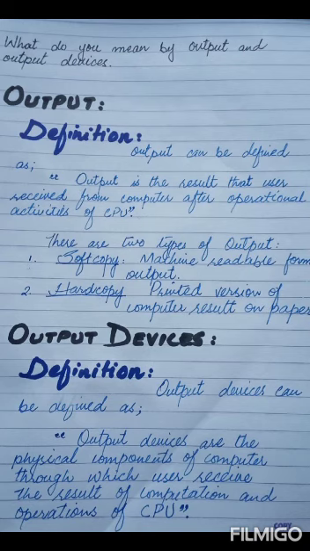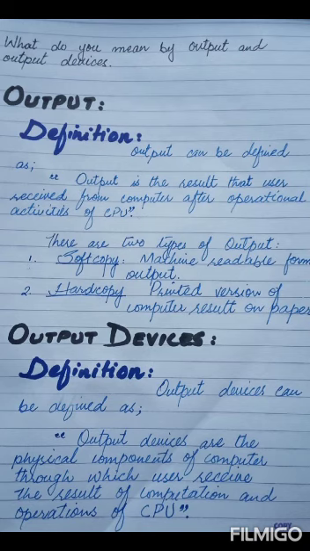Our first question is, what do you mean by output and output devices? Our main heading is output, side heading definition. Output can be defined as, semicolon, inverted commas open: Output is the result that user receives from computer after operational activities of CPU.